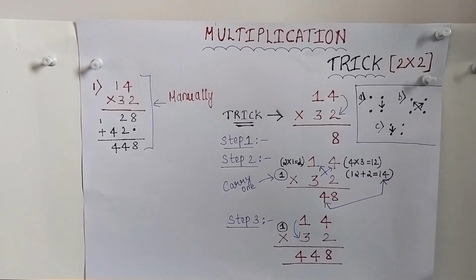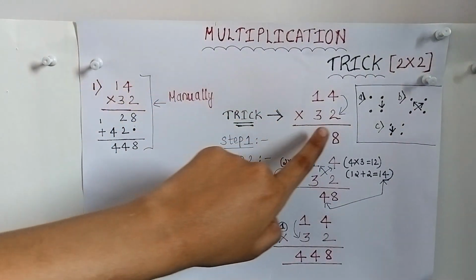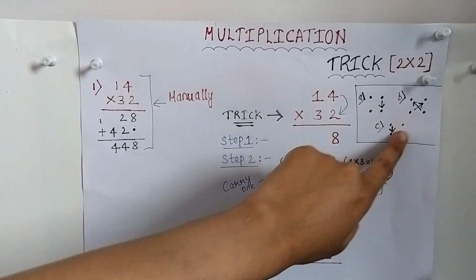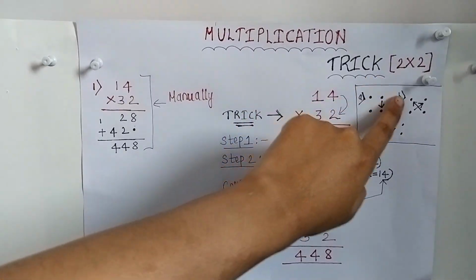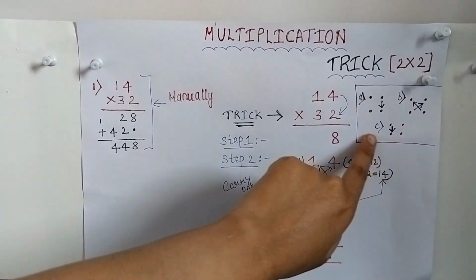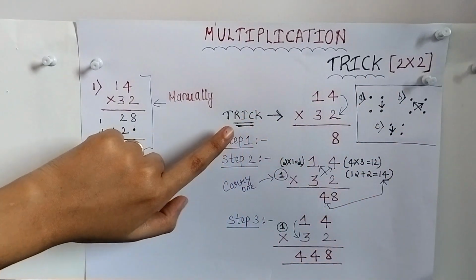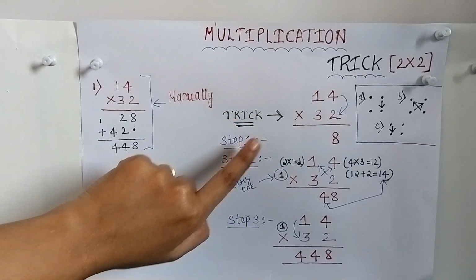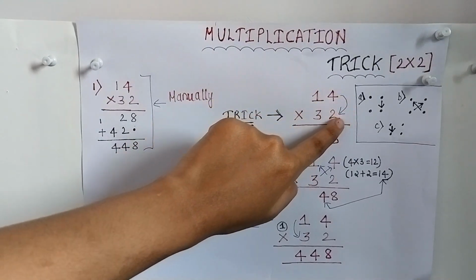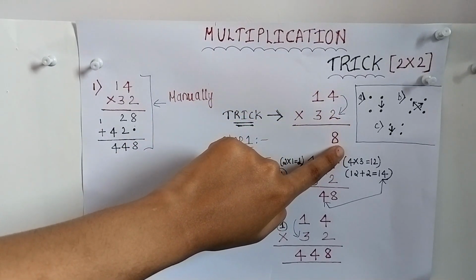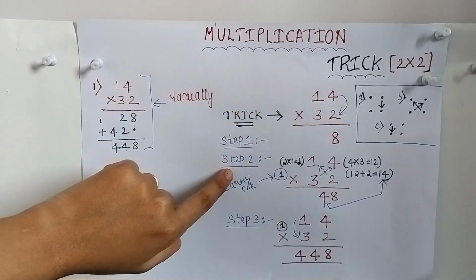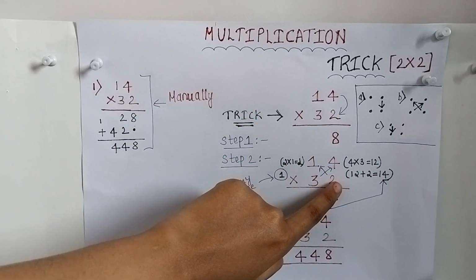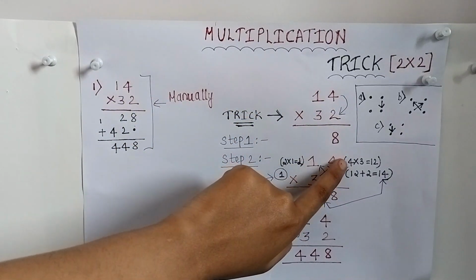So the trick is that first you need to follow this series. Okay, so I will teach you how to do this series. So first step, you need to multiply this. 4 twos are 8, right, here 8. Step 2 is what you will do, you will multiply this and this.